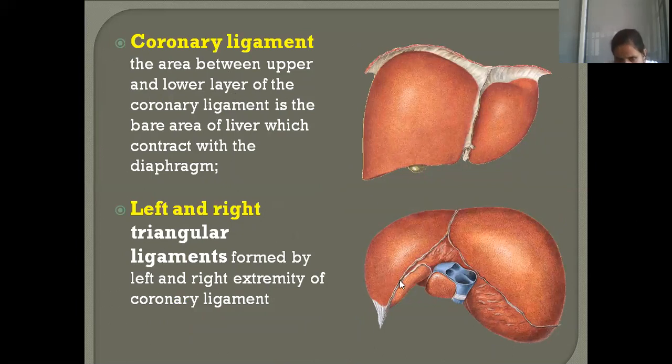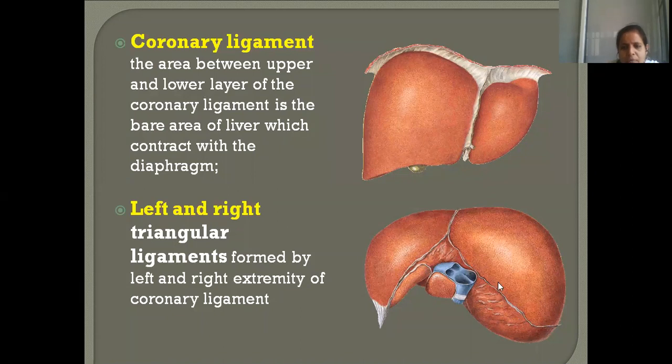I told you, this is the superior layer of coronary ligament. This is the inferior layer of coronary ligament. That means the peritoneum is coming like this and completely covering and then going behind, because it completely covers the liver except for bare areas.